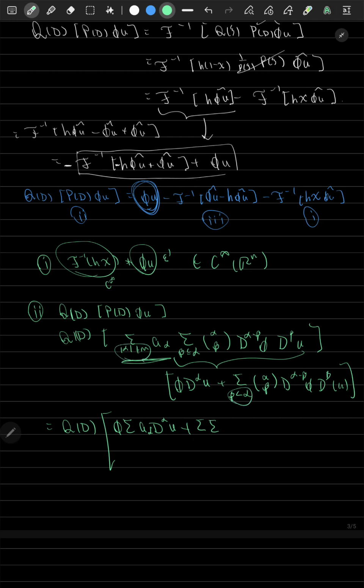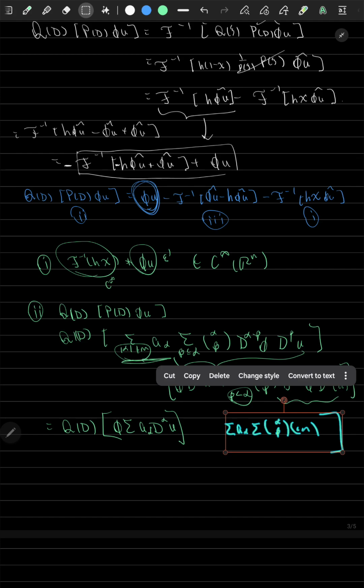One is over this index, the other one is over this index of a_alpha, right? a_alpha is outside, right? a_alpha, alpha choose beta, all that stuff over here. Then we can use the linearity of Q_D to put Q_D here and to put Q_D here.